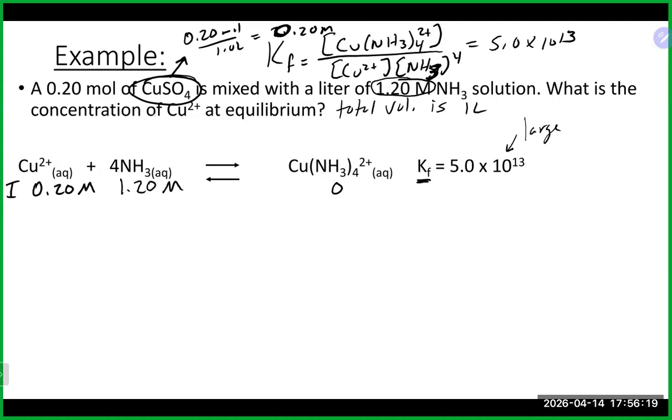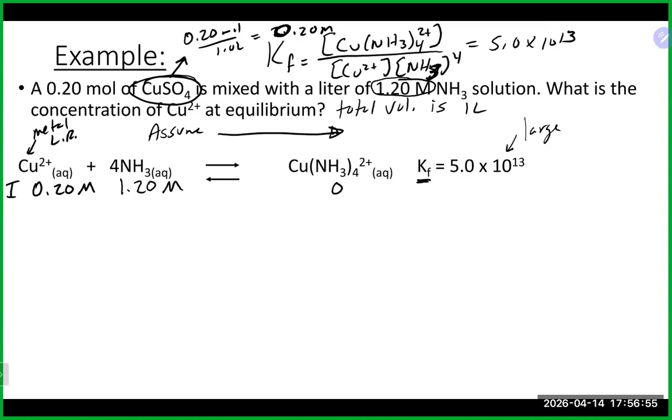And the assumption is that this reaction is going to pretty much fully go to the right-hand side because K is so big. We're going to essentially have all products in this case. And because on the product side we have our complex ion, which is a metal in the middle and ligands on the outside, we also assume that, because it's going to the right as we make this complex ion, our metal will be our limiting reagent.